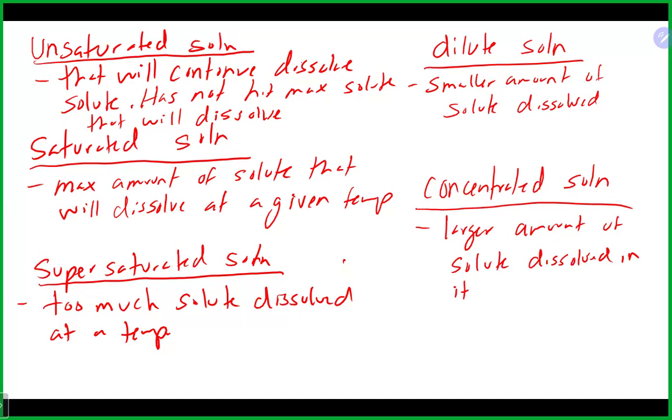All right. Then from here, we actually started talking about concentration units and ways to calculate concentrations. So we have some percent concentrations, which is our percent mass to mass. We also had percent volume to volume, and we had percent mass to volume. So these are three percent concentration units that were used.